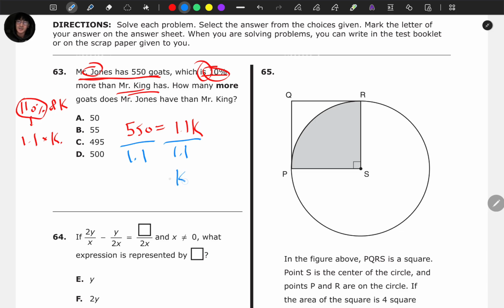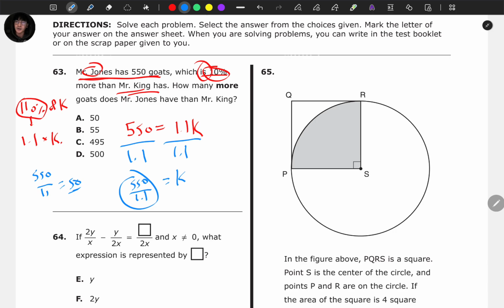And then that means that K is equal to this, 550 over 1.1. You can find this answer by long dividing like this, but let me show you another trick, okay? It's a little more intuitive. Well, pretend that we're dividing by 11 instead of 1.1, right? So let's do 550 divided by 11. This is just equal to 50, okay?